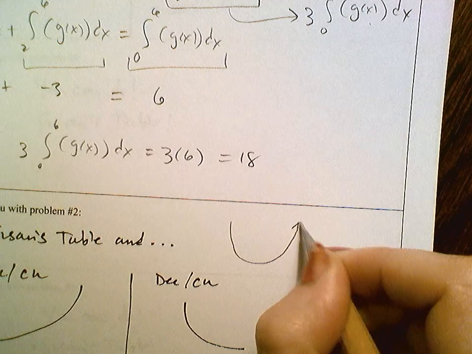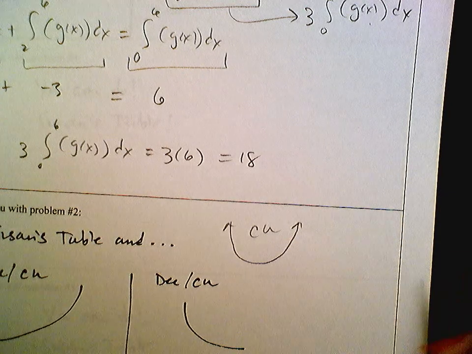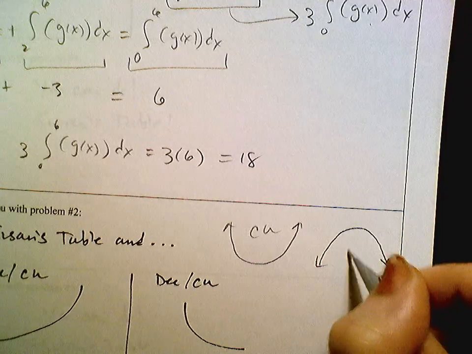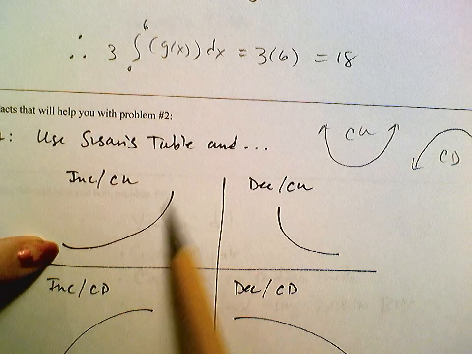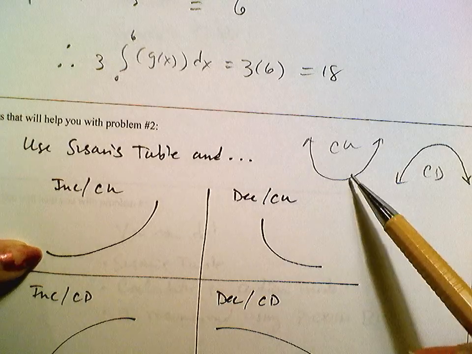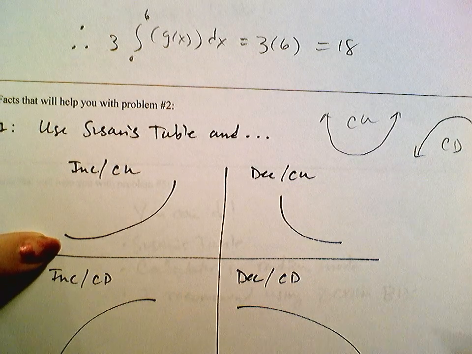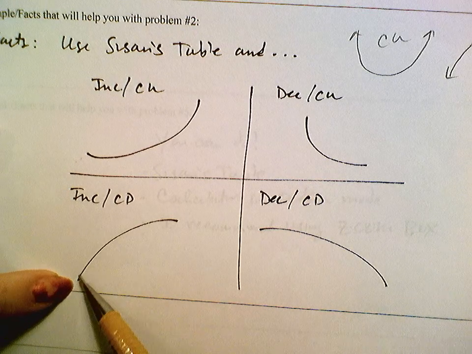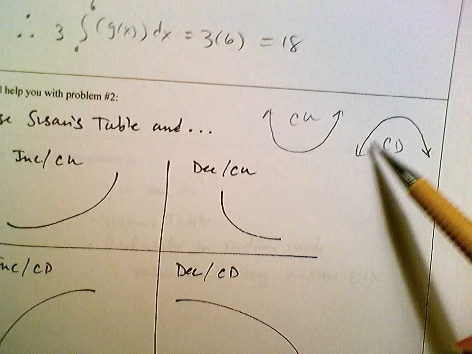Okay, so this is concave up, and this is concave down. This looks like it could be a section of this parabola, so it's concave up. This one is also increasing, but it looks like it could be a section of this parabola, so it's concave down.